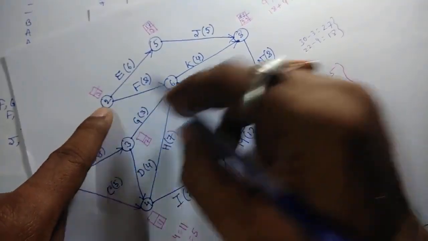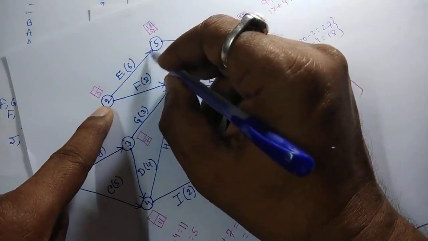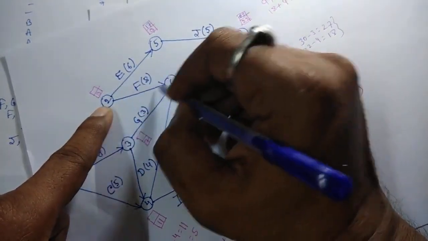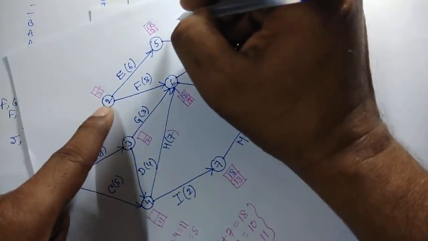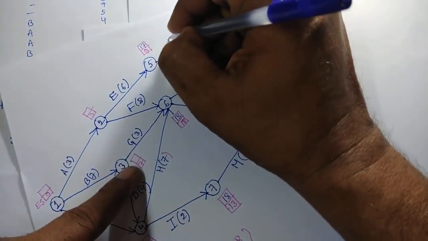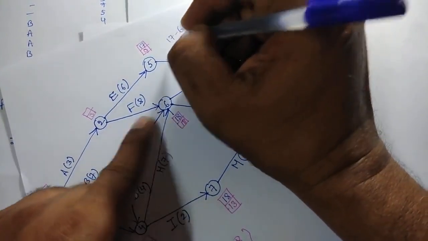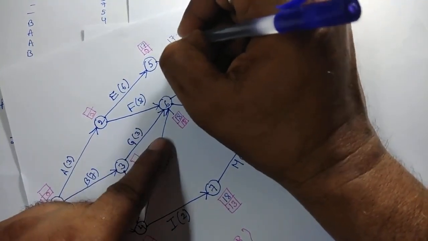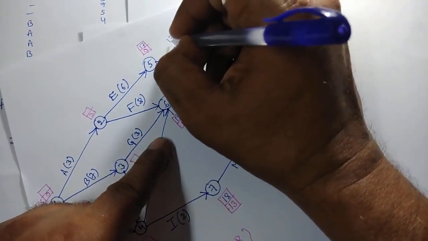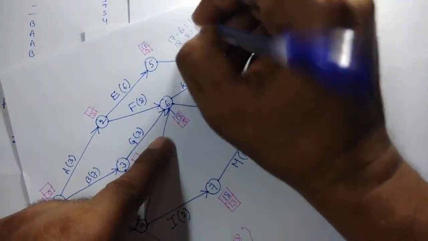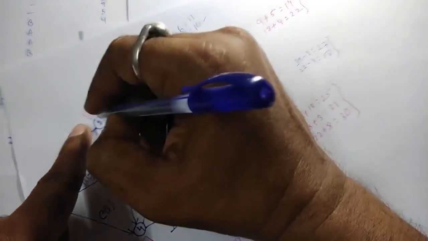For this node, we have to calculate both this path and this path. So here 17 minus 6 is 11, and 18 minus 8 is 10. So the lowest value, that is 10, should be written here.